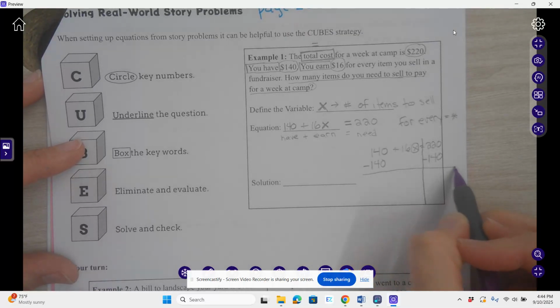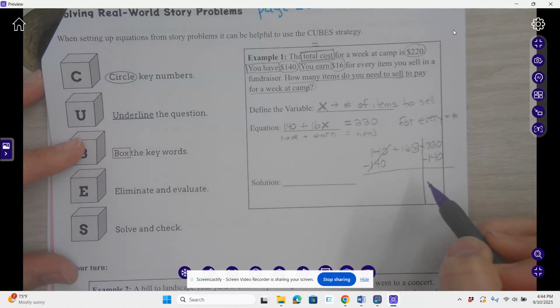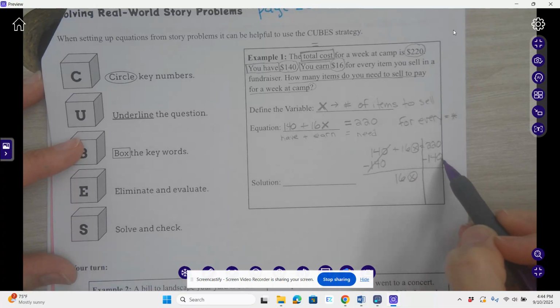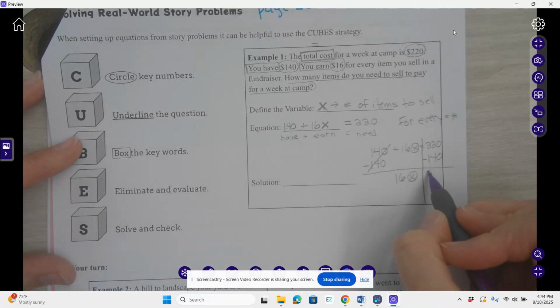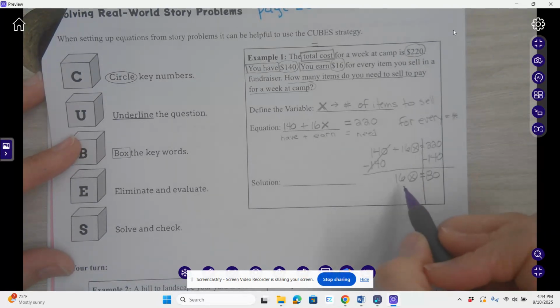Now I'm going to write my new equation. Positive 140 and negative 140 make a 0. So on the left side of the equal sign, I have 16x. 220 minus 140 is 80. So now I have 16x equals 80. 16x is the same as 16 multiplied by x.